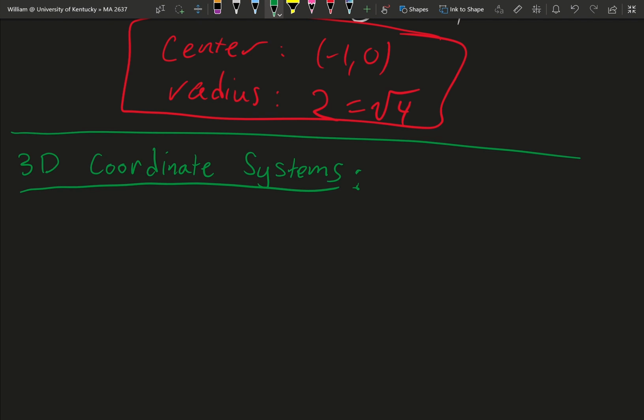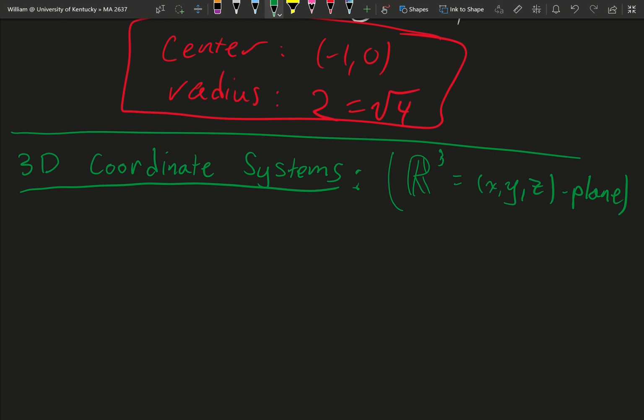So, 3D coordinate systems. We're actually going to deal with a couple of different three-dimensional coordinate systems, but we're going to start, for at least the first third of the class, with the normal Euclidean coordinates, which we'll just call the XYZ plane.